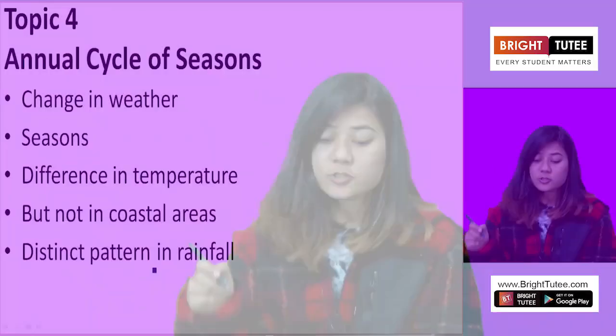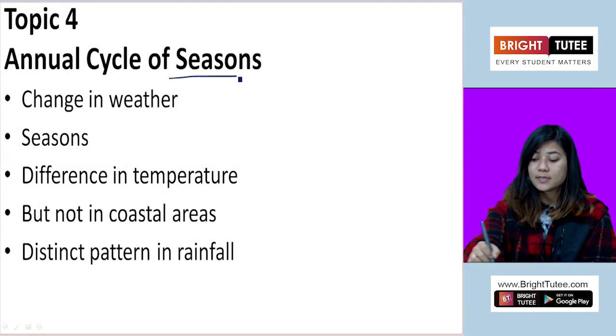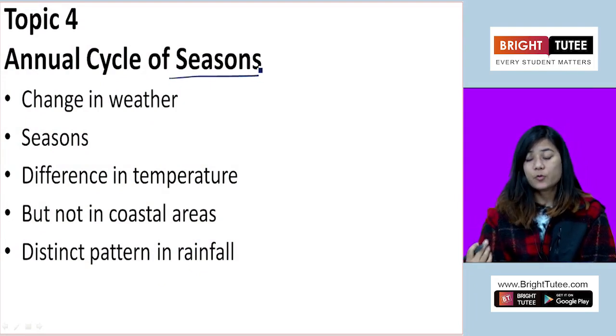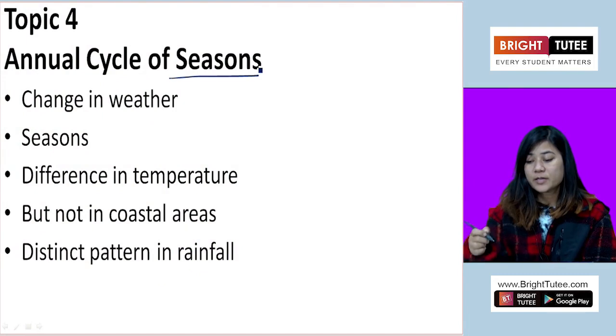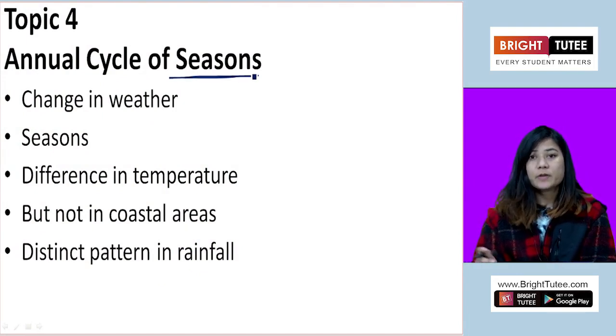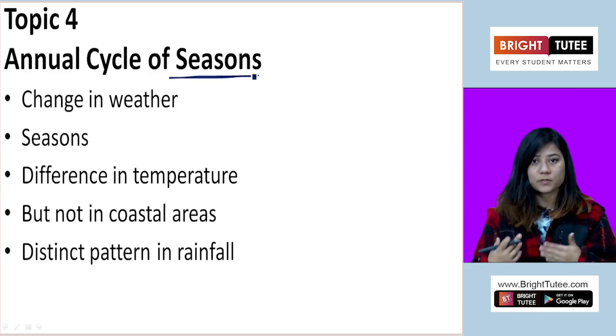So now let us look at topic 4. In this topic 4, we will look at the changes in the weather which leads to the formation of different seasons in India. We have already understood how there is a change in the weather in different parts of the country.